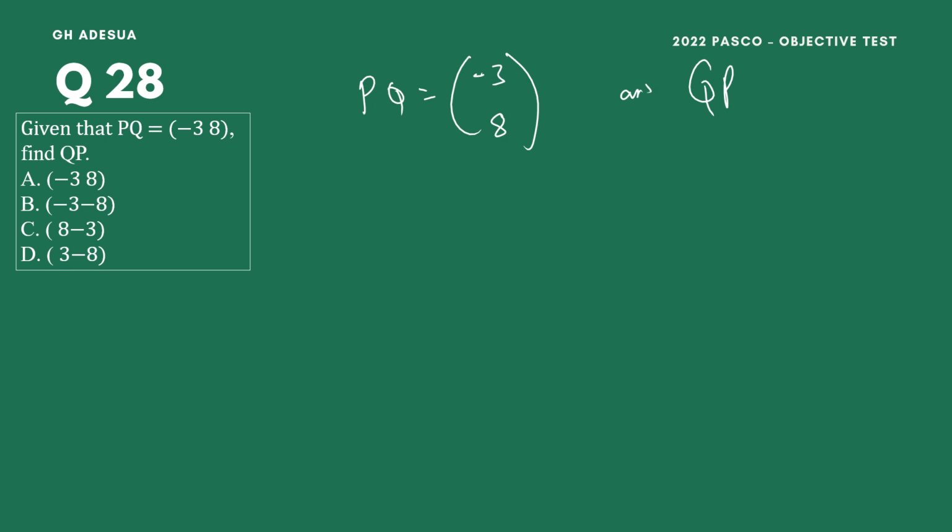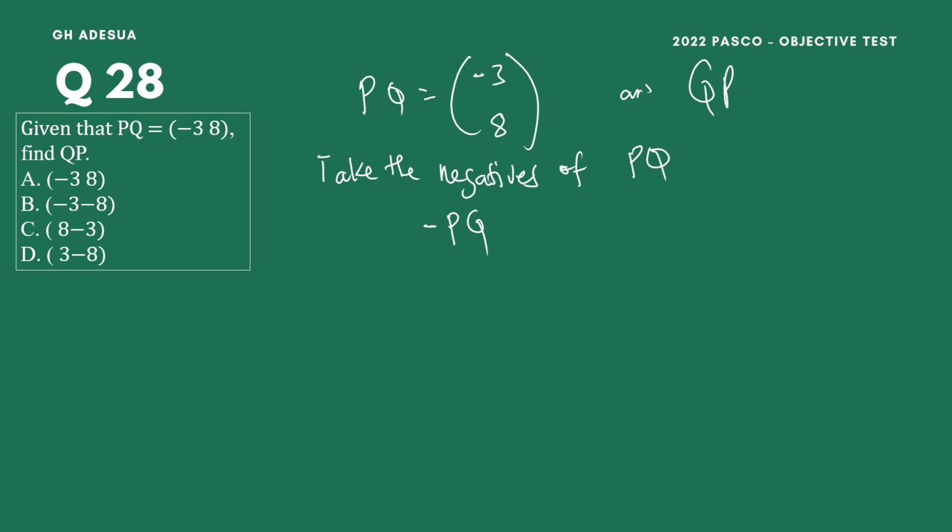If you want to find QP, you take the negative of P, in this case negative P, multiplying through by negative 1.